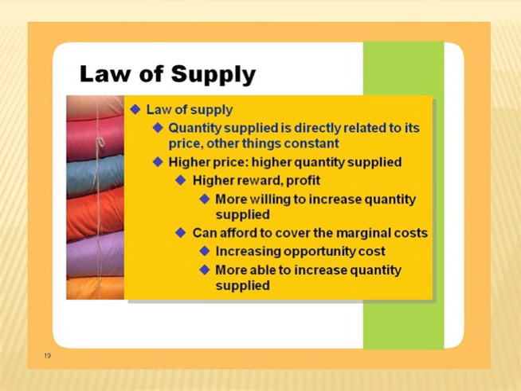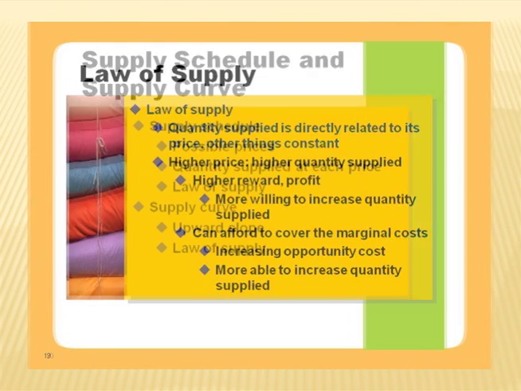Before they were inversely related, now they're directly related. Directly related is a mathematical relationship, which means as one goes up, the other one goes up. So what we see from the seller is that the seller is encouraged by a higher price and discouraged by a lower price. They want a higher reward or more profit because they'll be able to cover higher marginal cost, increasing opportunity cost, increasing resource prices, and so forth.